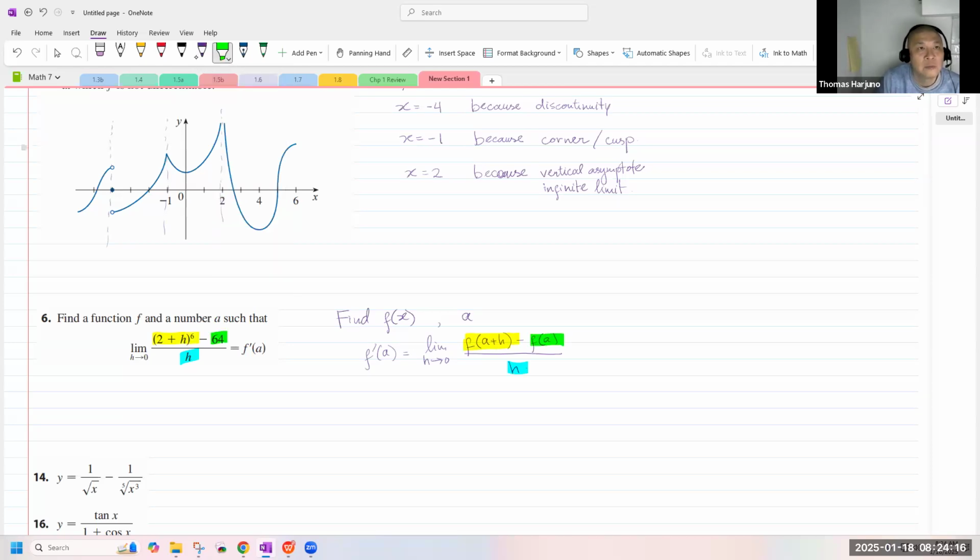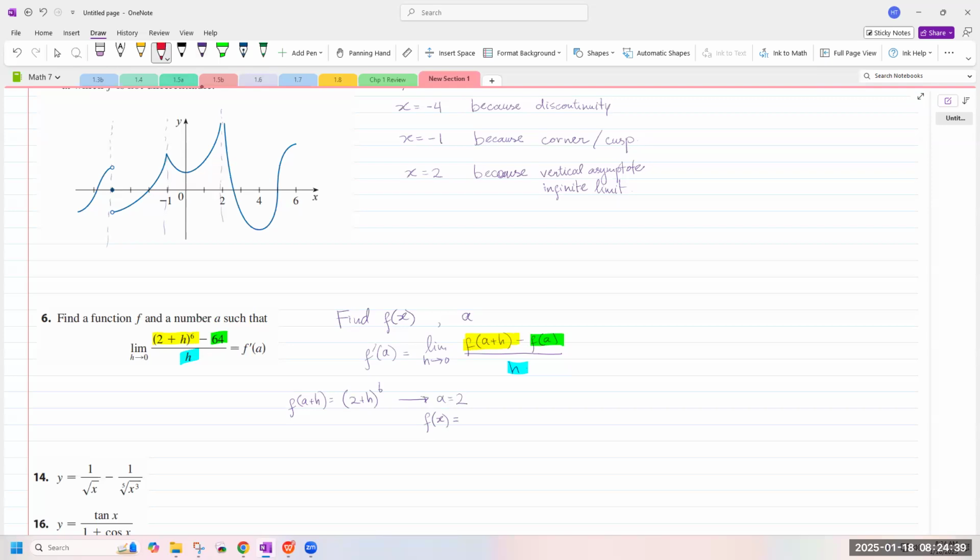Now what I meant is the following. Notice that from there we see that f(a+h) seems to be (2+h) to the 6, as if they are telling us that a equals 2 and f(x) equals x to the power of 6.